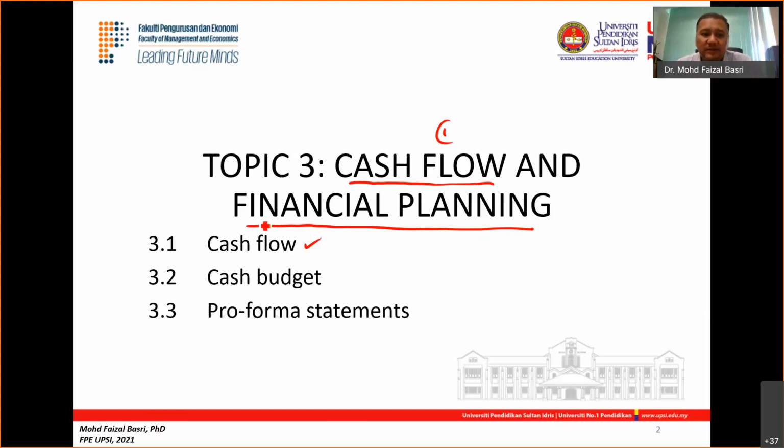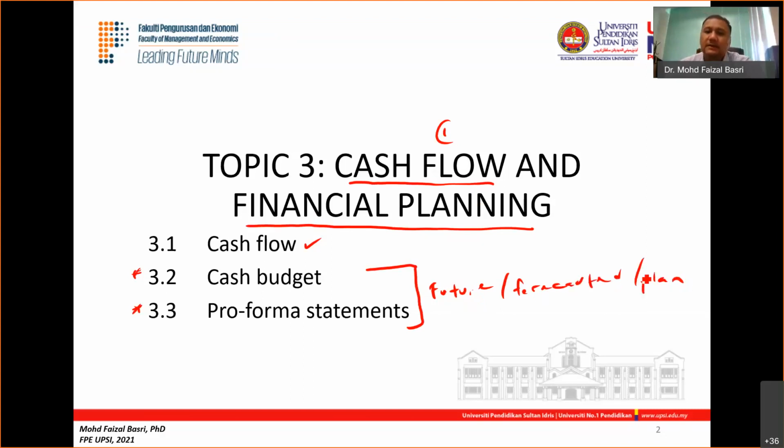But 3.2 and 3.3, these 2 parts would be under the financial planning part. So these 2 will be based on the future. Meaning the information is still from the past, but we are preparing something for the future, or forecasted, hence the name planning.